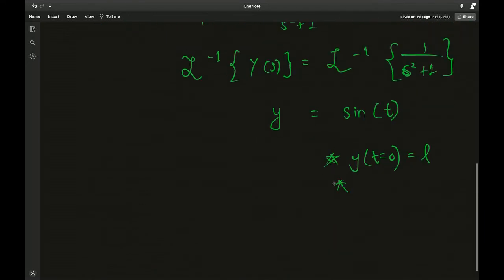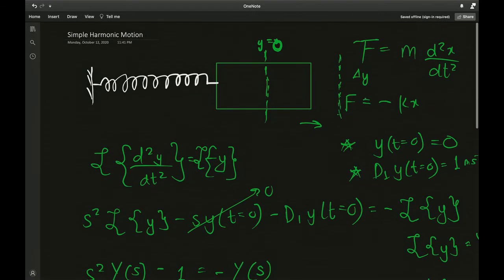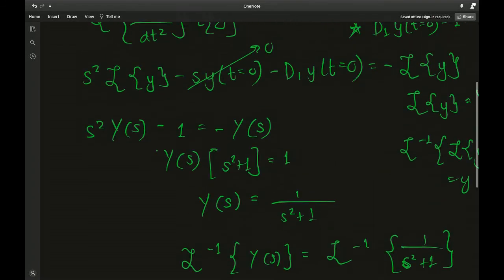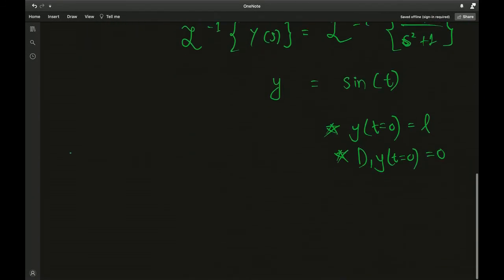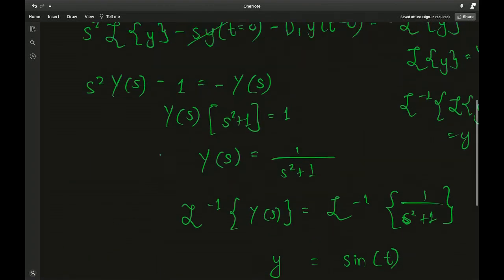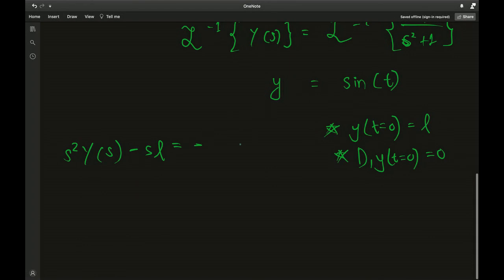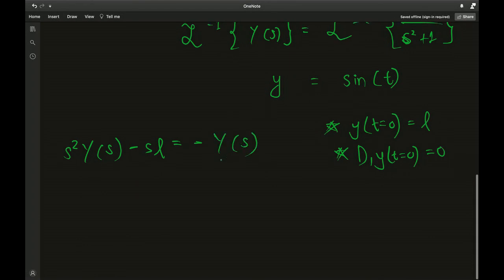But at that time the first derivative of y is 0, because we're assuming it starts from rest at that point. So then if I write this differential equation again, I have s squared Y of s minus s times L, the first derivative term goes away, is equal to negative Y of s.